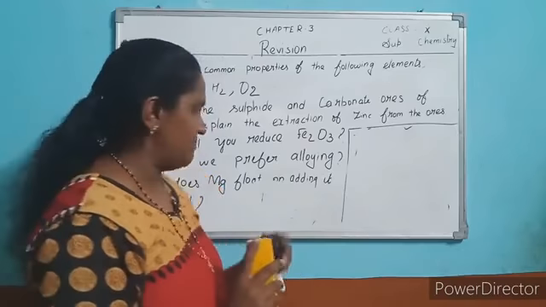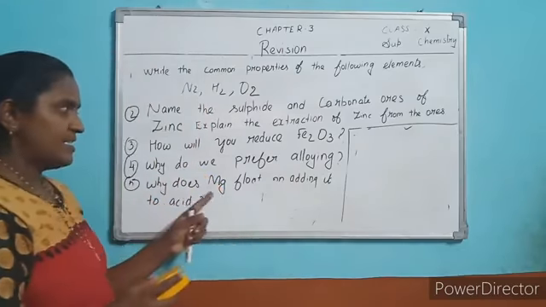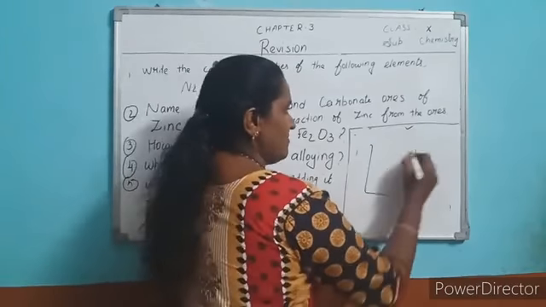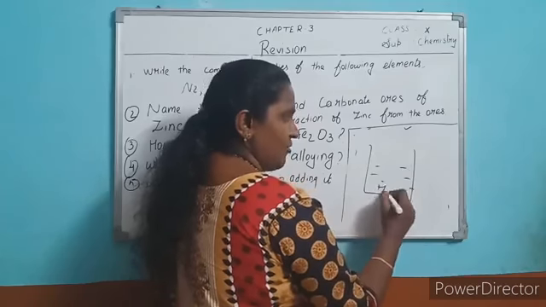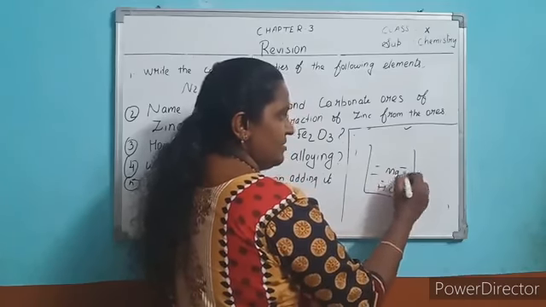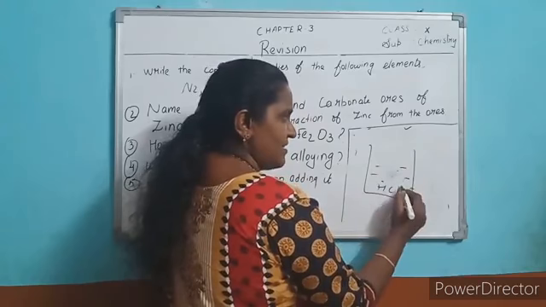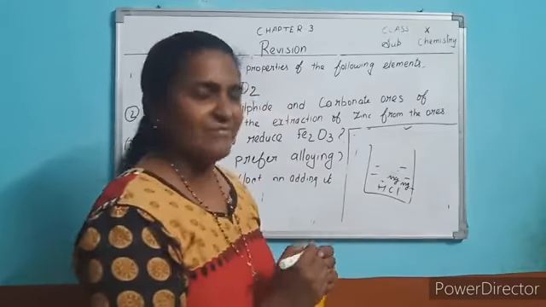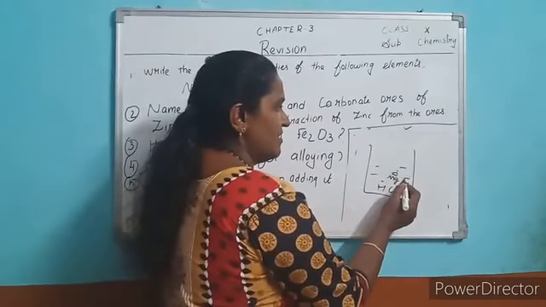These are the examples. Why does magnesium float when added to acid? Take hydrochloric acid, add magnesium. Magnesium is a metal.